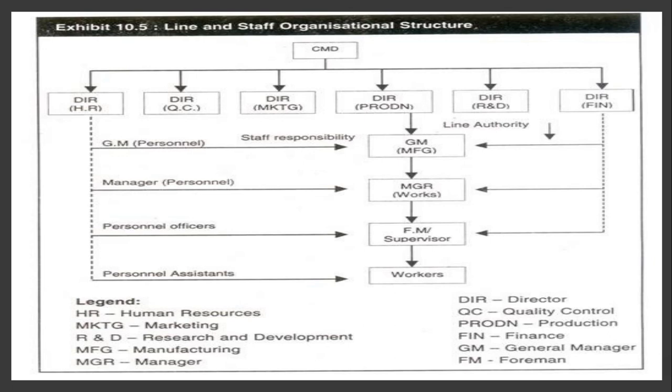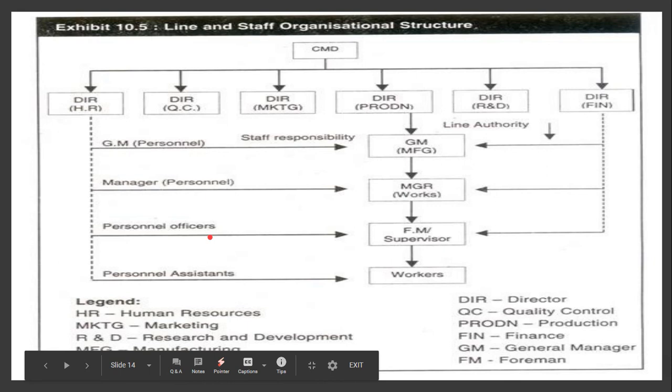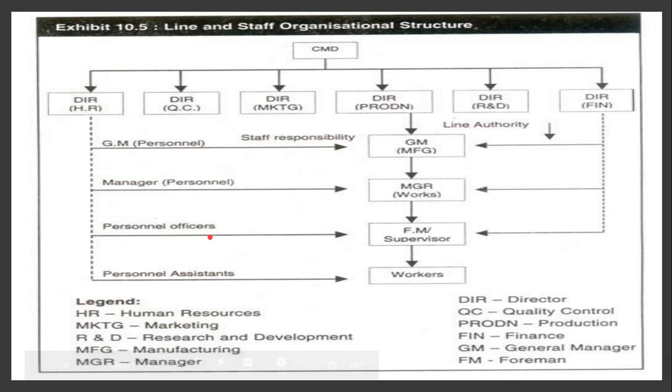Even students, this type of structure has the advantage of a specialized structure, that is functional organization, and removes the disadvantage of the line organization, and that's why it is mostly suitable in large scale organizations, because it will give the benefit of specialization as well as the benefit of maintaining order and discipline in the organization. So this is the line and staff type of organization structure, mostly suitable in large scale organizations.